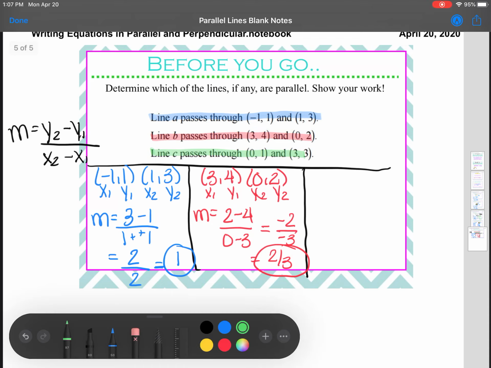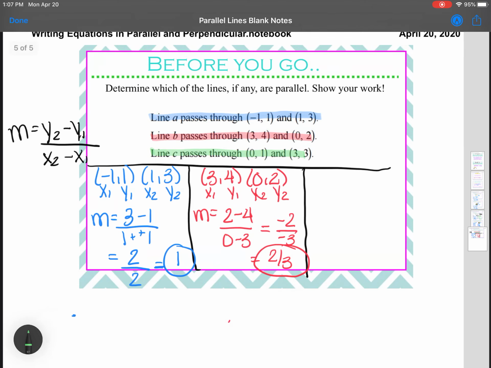And my last line, my C, I'm going to do in green. I have 0, 1, and 3, 3. So now I'm going to label these x1, y1, x2, y2.